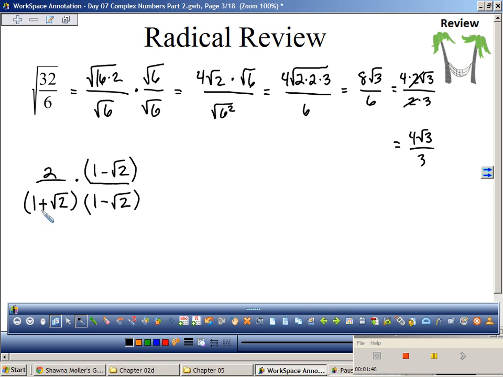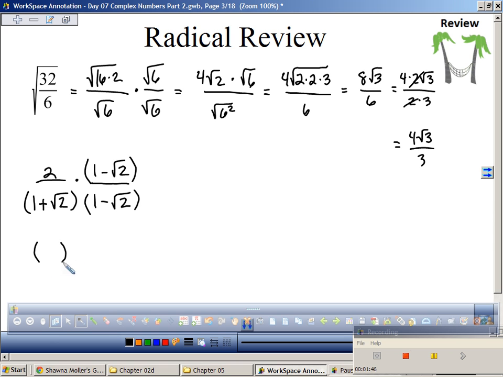This is also the difference of 2 squares. Correct? I'm going to do it both ways. The difference of 2 squares. What's my first term? What's my second term? I'm going to leave that there for a second.